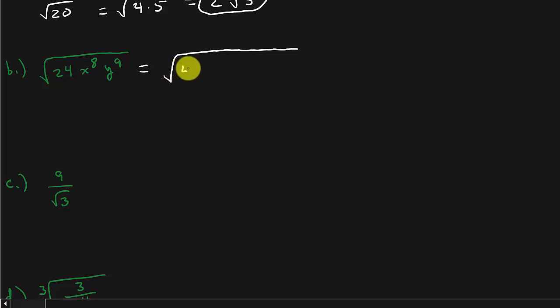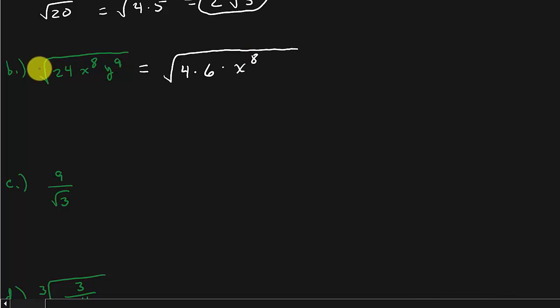So the 24 I can write as 4 times 6. All right. So remember, this index here is understood to be a 2. So does 2 go into 8 evenly? Yes, it does. So I'm going to keep the 8 as is. I'm not taking the square root yet. I'm just getting everything ready to do that.